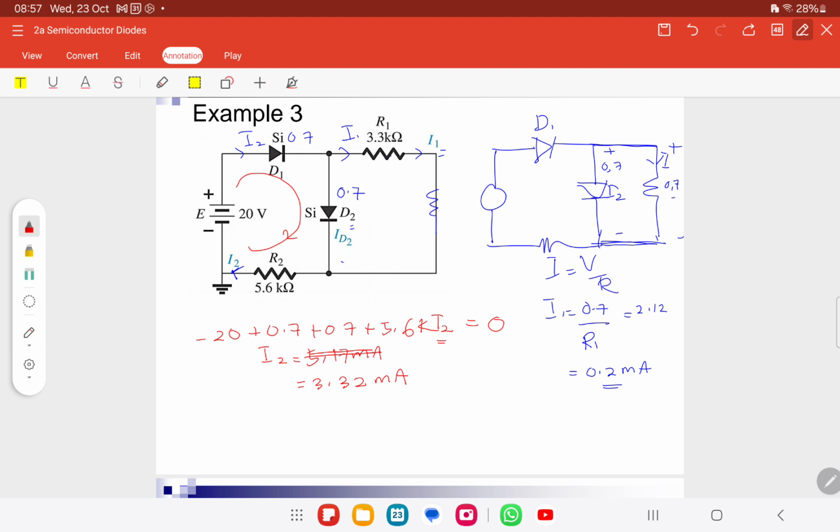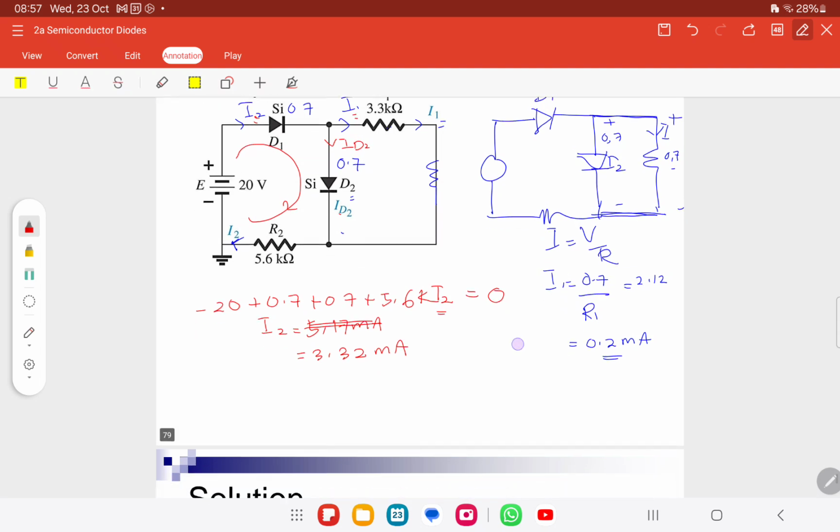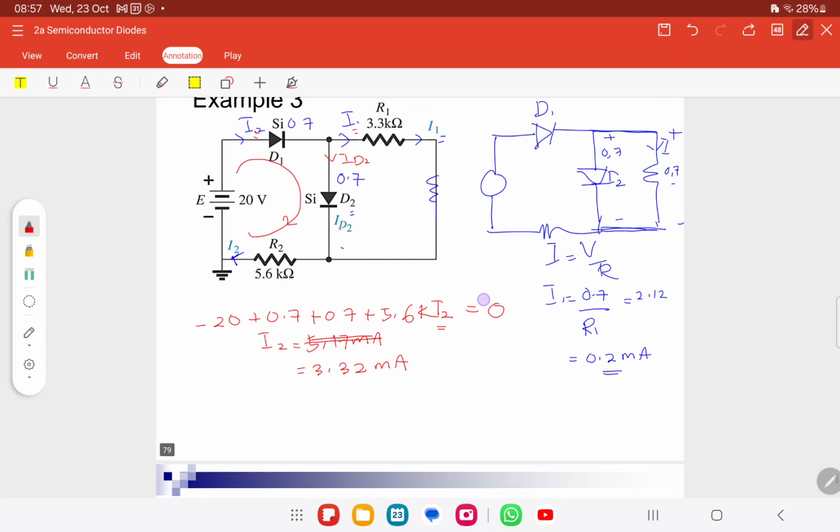Okay, so that one is I2. I1 dekat sini. We have another I is this one. Ni ID2. Okay, ID2 macam mana? Kalau tengok dia punya current flow, laluan current, dia punya KCL. I2 equals to ID2 plus I1.